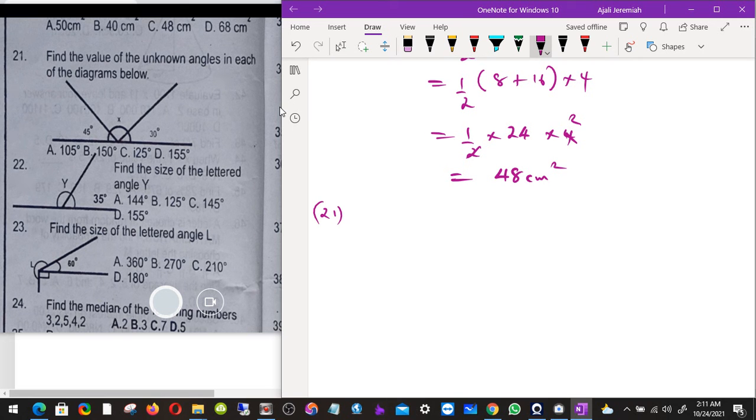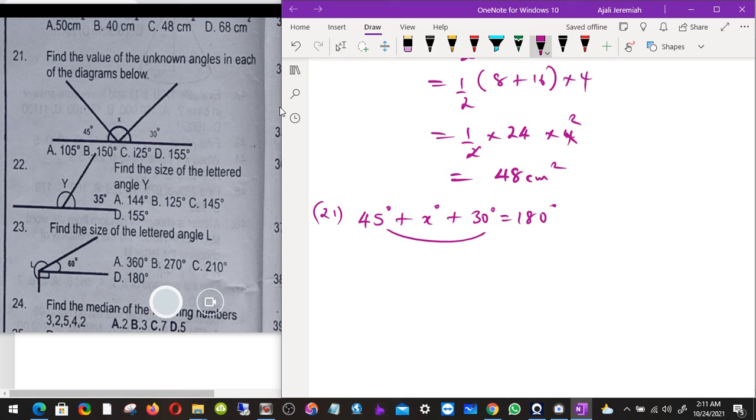Now if you look carefully at this, there's a straight line and the sum of the angles on the straight line is 180. So 45 plus X plus 30 is 180. So 45 degrees plus X degrees plus 30 degrees is 180 degrees.